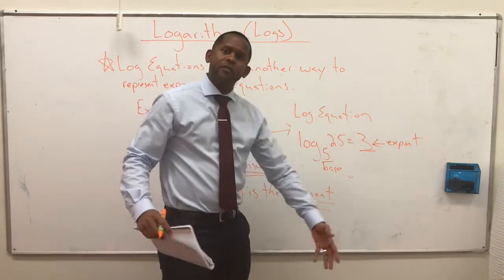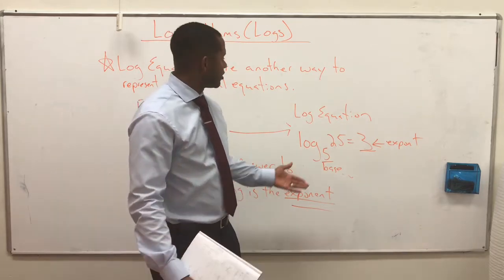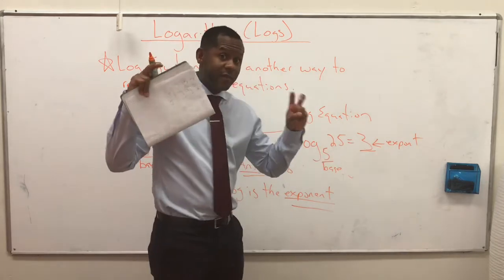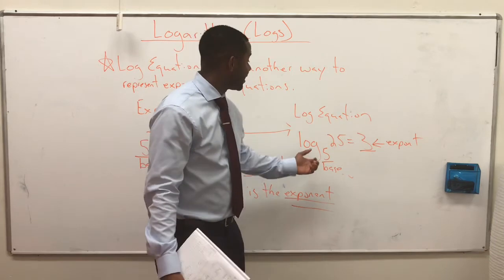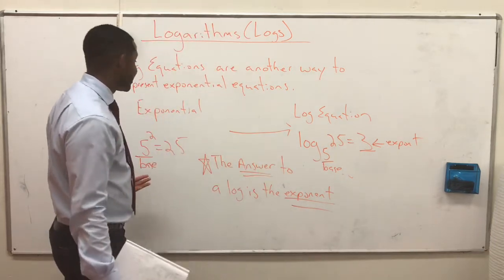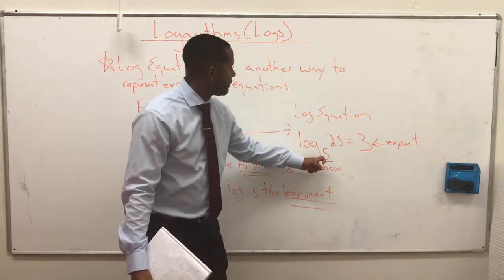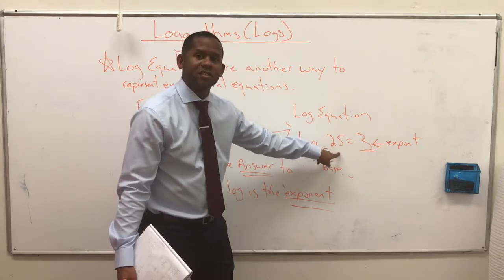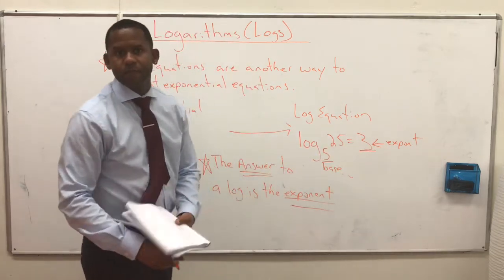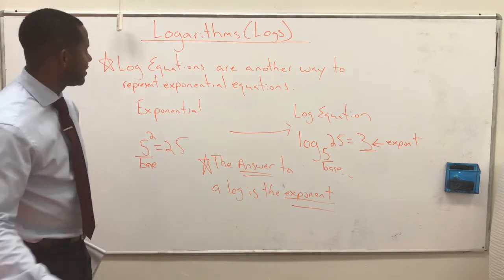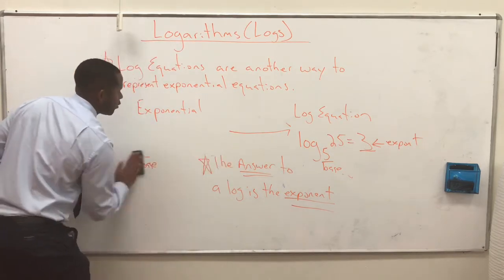That's kind of weird. You've got to really think about that for a little bit, because we're used to 25 being the answer. But now the answer is not what we would typically think. The answer is: what is the exponent on base 5 that would get us to 25? Which is 2. Let that sink in for a second.